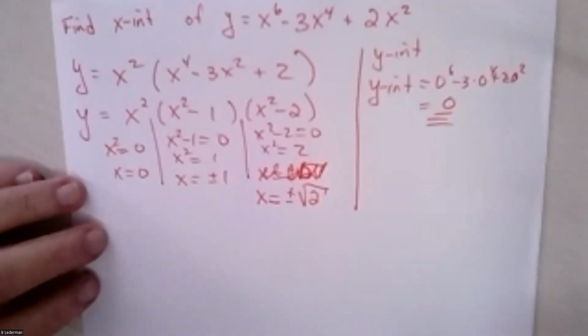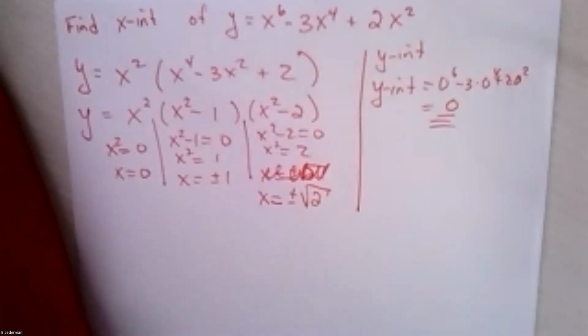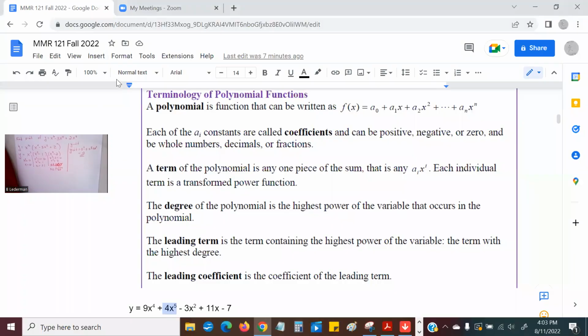And just for funsies, I want to graph this on Desmos. So let's just go to Desmos. I want to share my screen now. Let's go. Now I gotta wait for this thing.